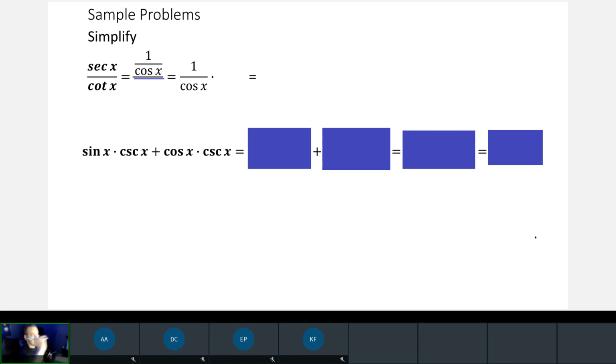All right. So we said cotangent was cosine over sine. Right? So that's what should be there. And then you flip and multiply. So that means sine goes on top. Cosine goes on bottom.